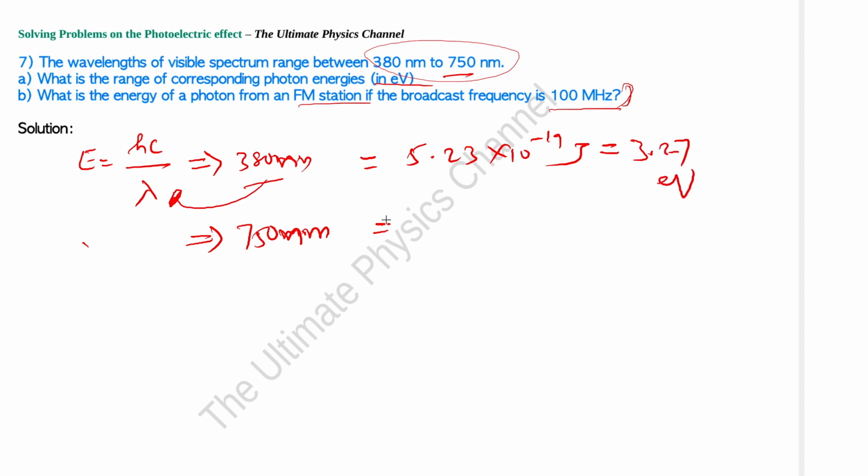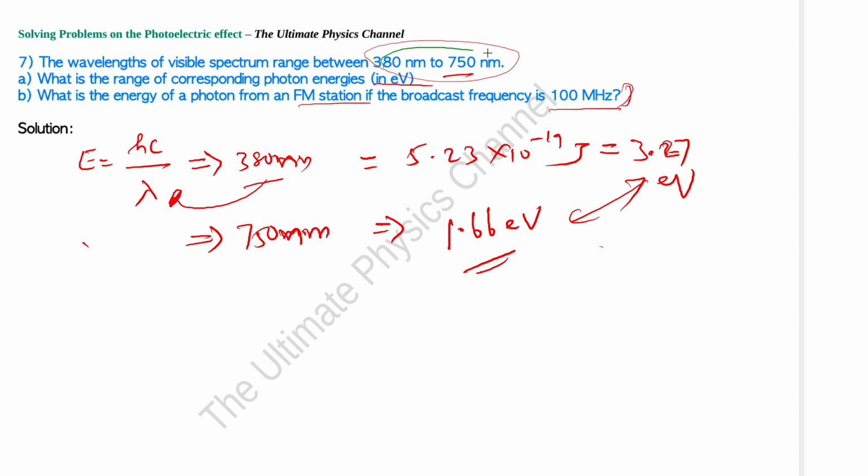Similarly, for 750 nanometers, we use this formula and calculate the energy of a photon, and you will get in eV units 1.66 eV. So from the wavelengths, the corresponding photon energies are given here. So these are typically the photon energies in the photoelectric effect for the wavelengths that are used, that is 380 nanometers to 750.